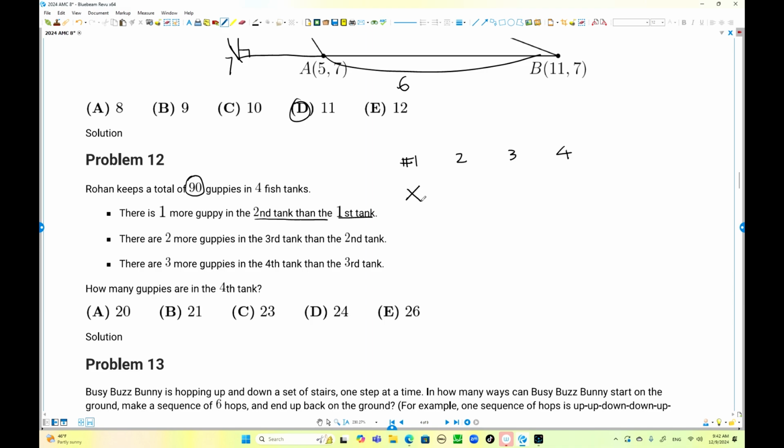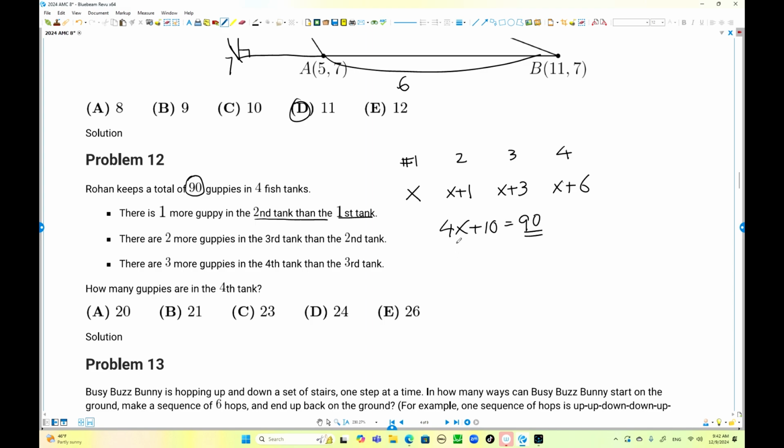First tank is x, second tank is x plus 1. Third tank is 2 more than the second tank, x plus 3. The fourth tank is 3 more, x plus 6. Total is 4x plus 1 plus 3 plus 6, which is 10. That equals 90, the total given, okay?